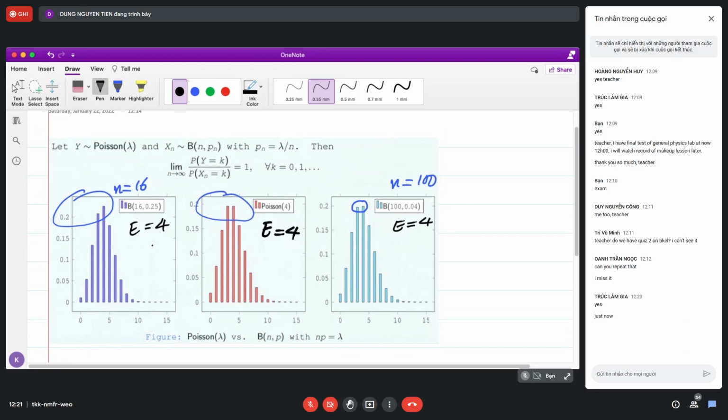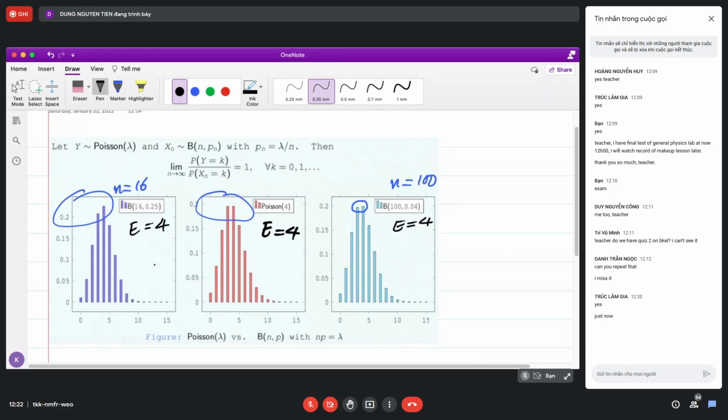The first distribution is a binomial distribution with n 16 and p 25%. Then the mean value is n times p, which is 4. For the last distribution, you get 100 times 4%, which is also 4. You see that the three distributions have the same mean values.